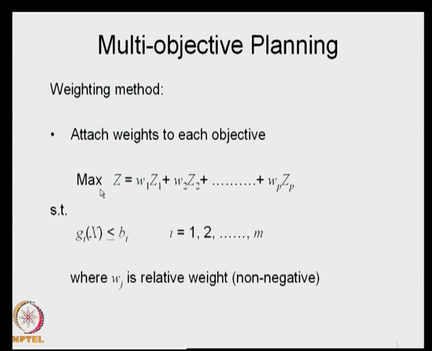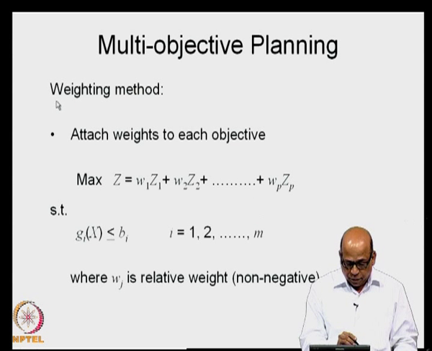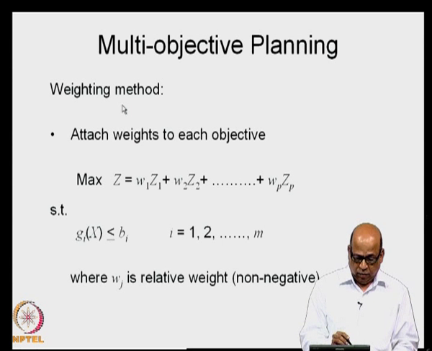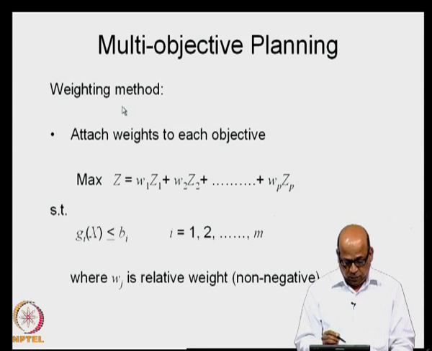So, there are two ways of handling this. Like I said, you have p number of objectives Z1, Z2, ZP, etc. The first method is the weighting method. That means essentially we assign weights to each of the objective functions.